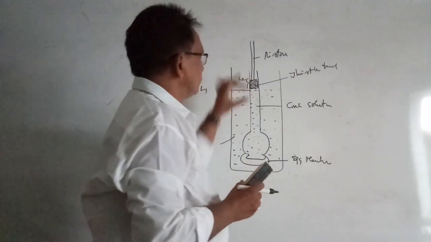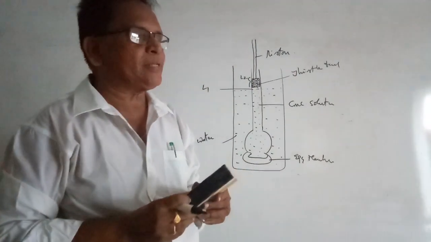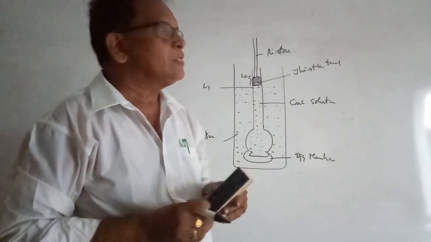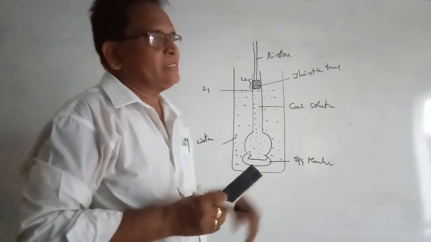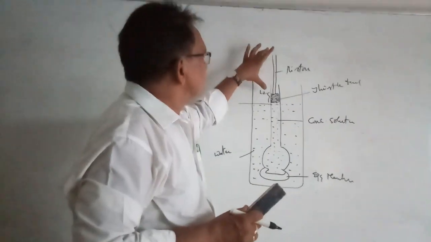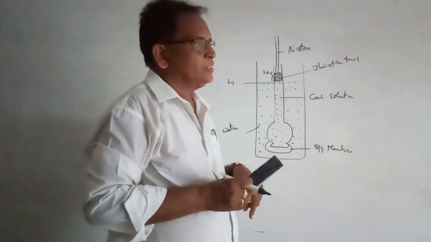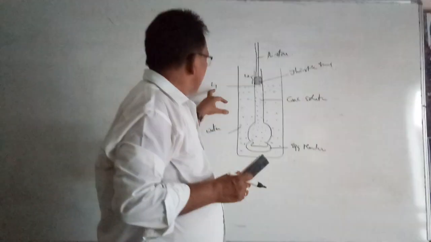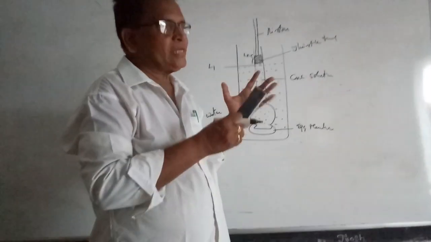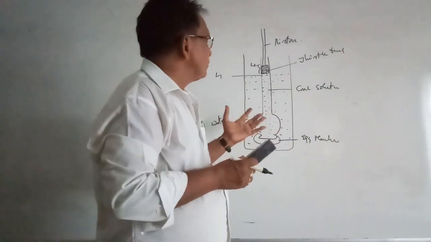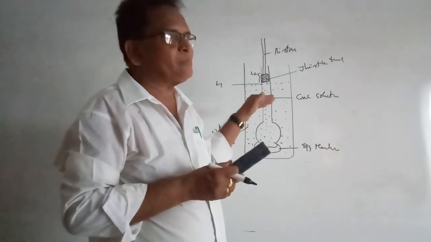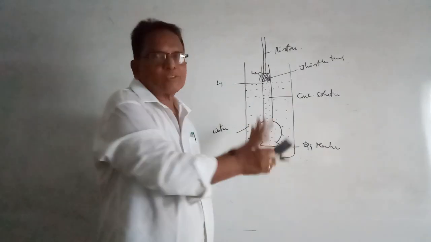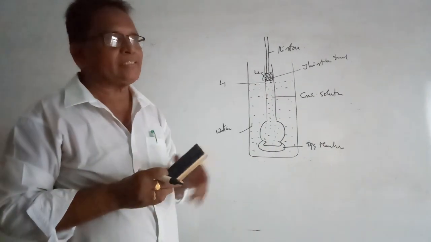If you want to know the osmotic pressure, then we have to apply an opposite pressure from outside with the help of a piston. So if we place this piston at the L1 level, after 30 minutes we can observe there is no increase in the level. The solution level stays at L1, there is no further increase.